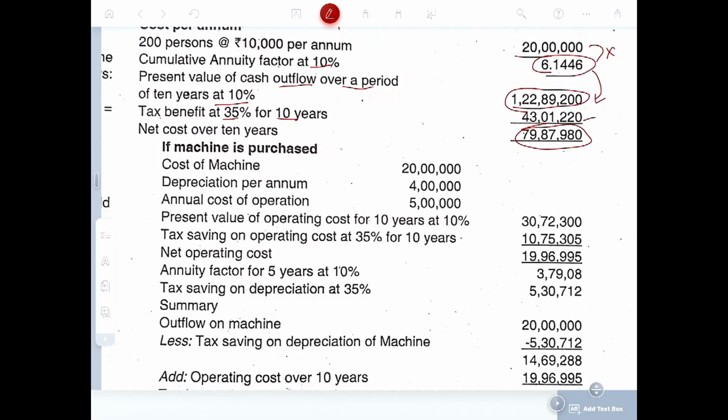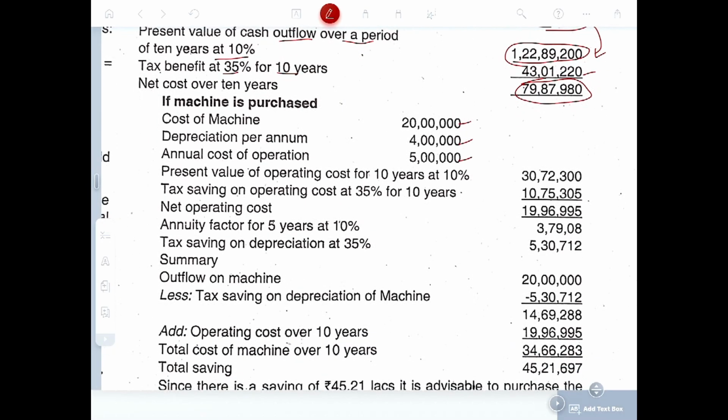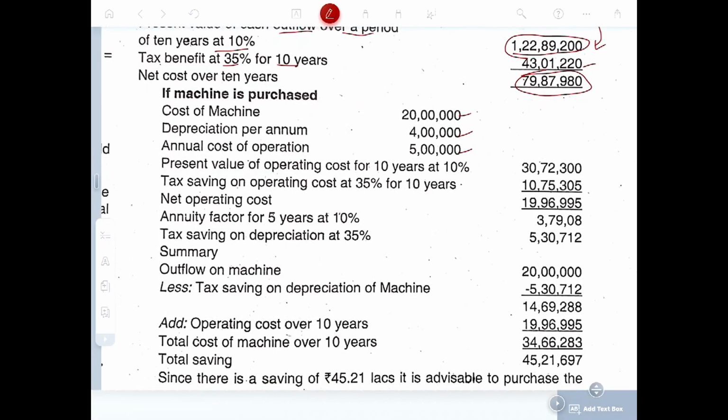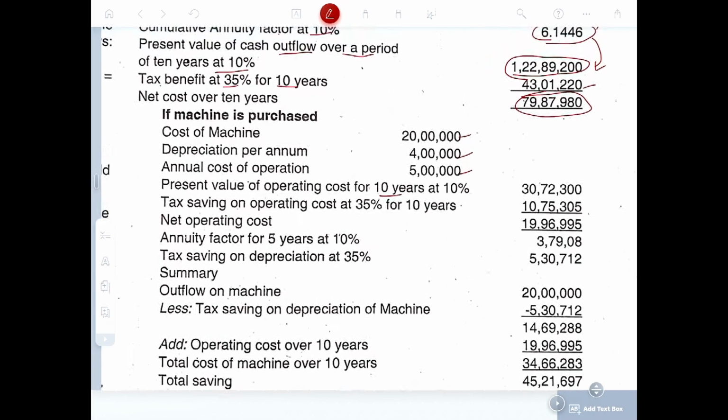Okay, in the machine purchase, 20 lakhs, depreciation 4 lakhs, annual cost of operation 5 lakhs. So we'll get the present value of 10 years. Depreciation is claimable, 4 lakhs.